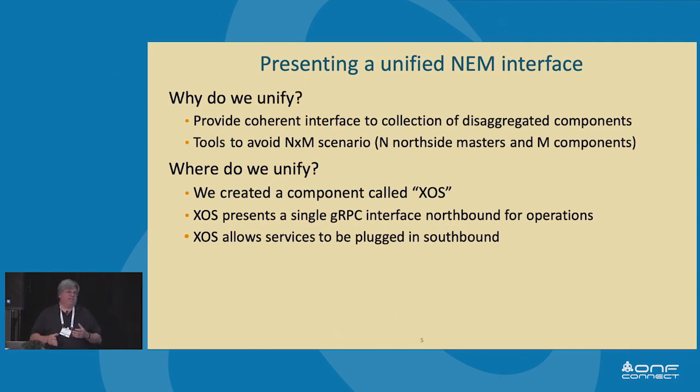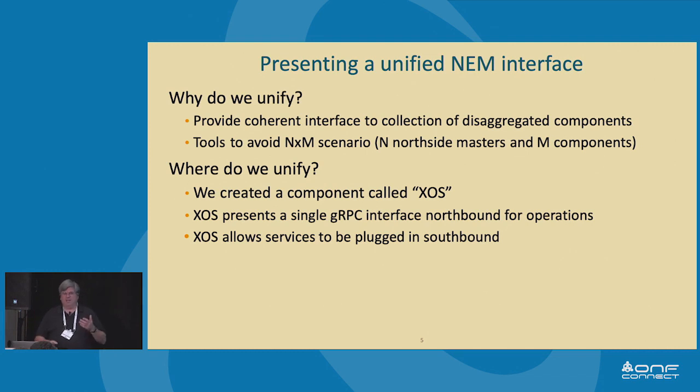One of our key goals when we developed XOS was that we present a unified interface. And why is a unified interface important? Well, it's important because we have a bunch of different services and we disaggregated them. When you disaggregate them, they tend to become somewhat semi-independent. And at the top, we also have a bunch of different consumers.